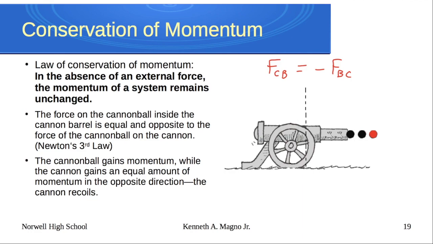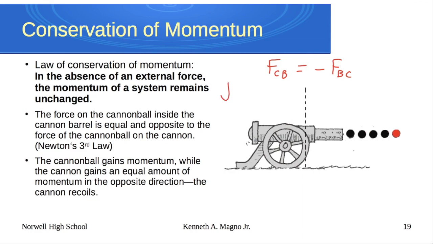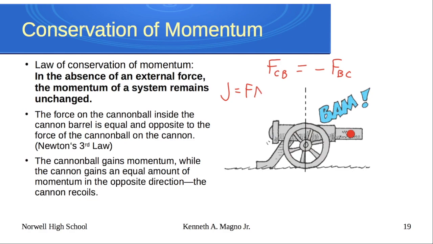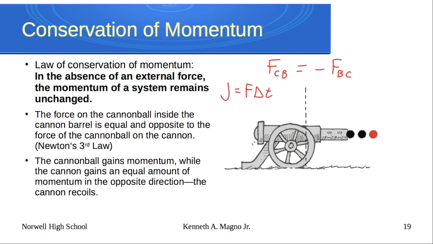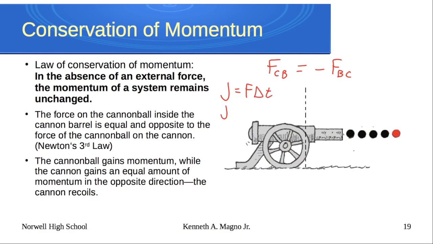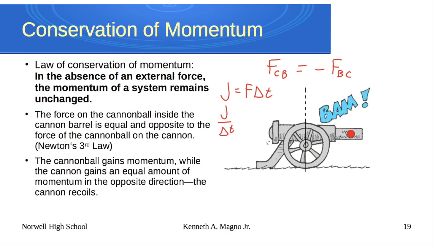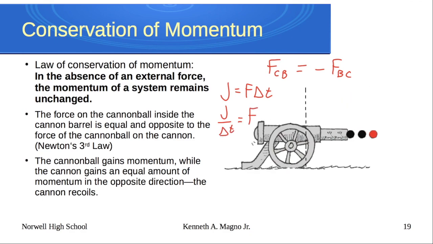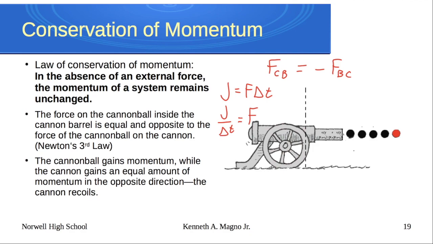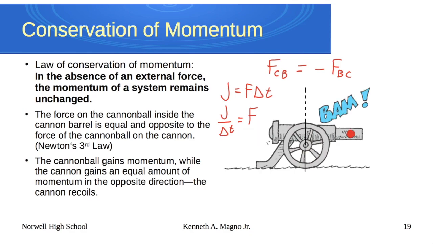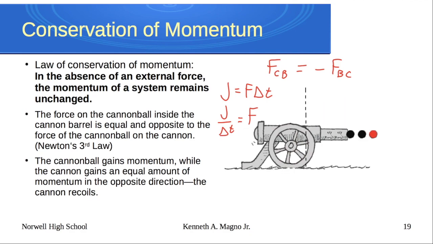All right? But one of the things we just talked about with impulse is that impulse is related to F delta t. So if I think of impulse over time as just force, it starts to make sense that really an impulse over time is what's occurring with a force.